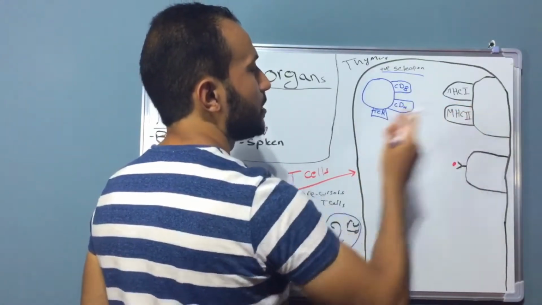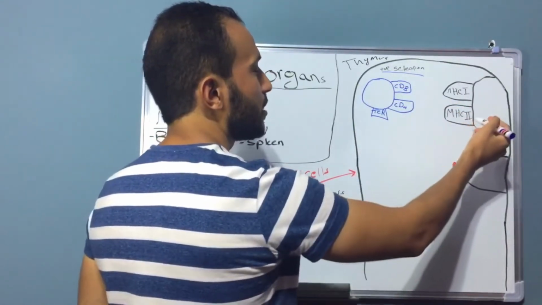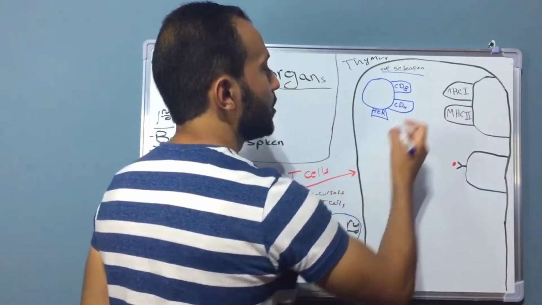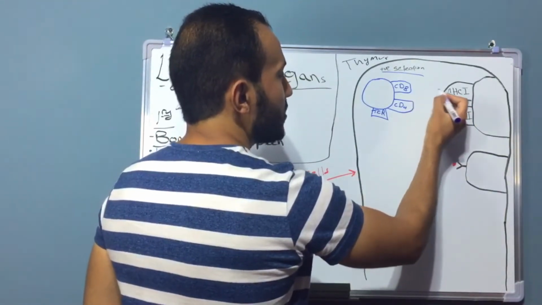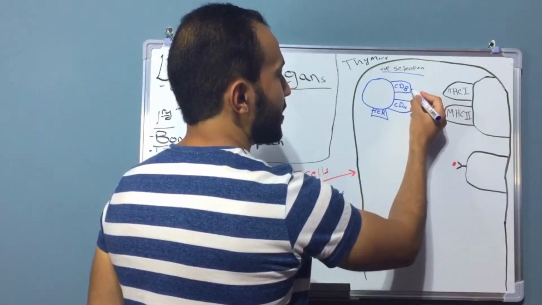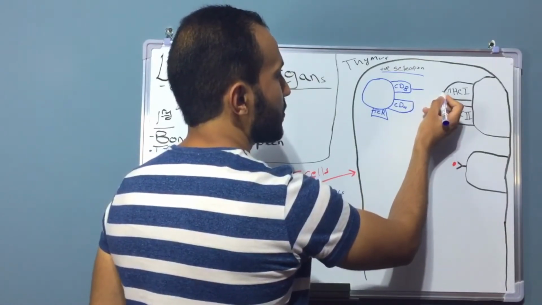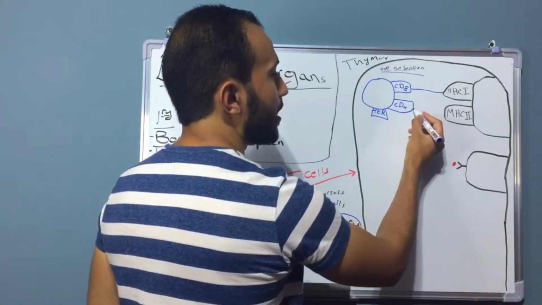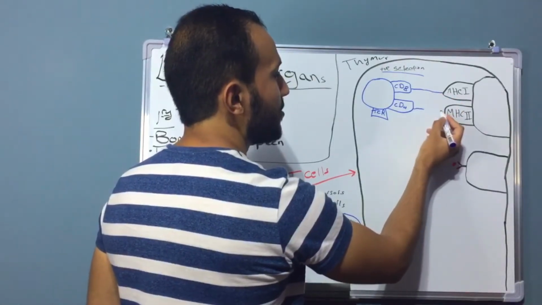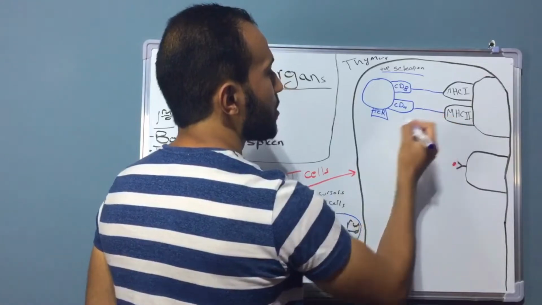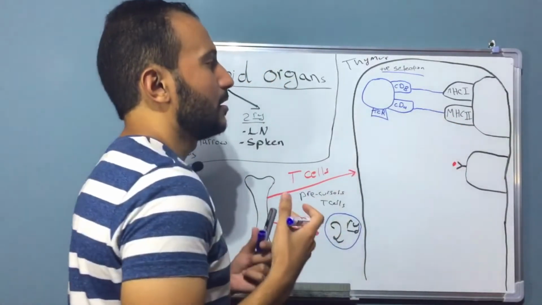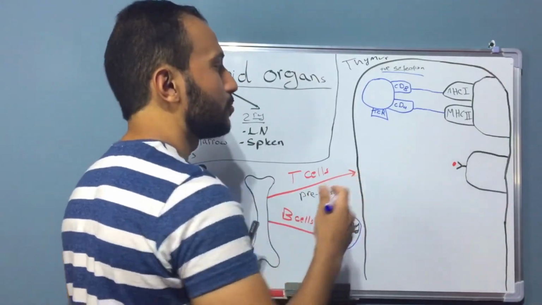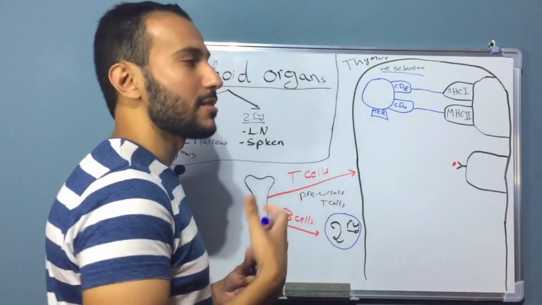A T cell is exposed to thymic epithelium presenting MHC class 1 and MHC class 2. If CD8 cross-links with MHC class 1, or CD4 cross-links with MHC class 2, then this cell will be able to interact with MHC, which will present antigens in the future.